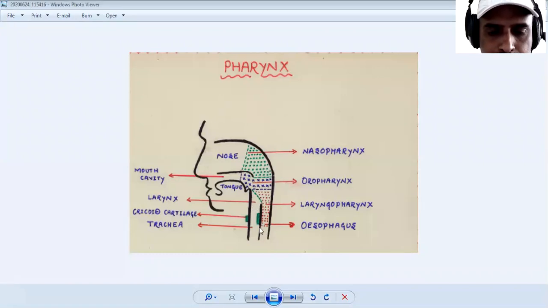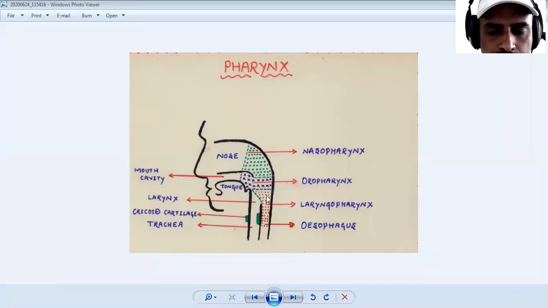The upper part, behind the nose, only transmits air; the lower part transmits food only; but the middle part transmits food and air, one at a time.